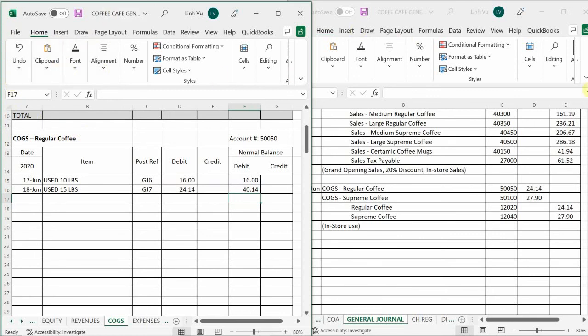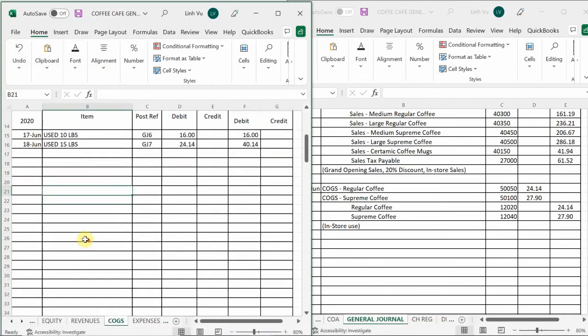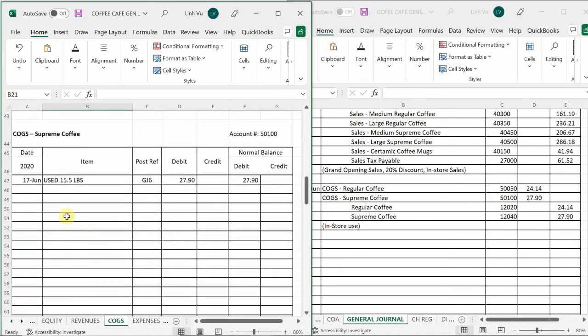Then on the Supreme, you can just copy all of it down except for the post references, page 7, for a grand total of 55.80. Okay. And then we go back to assets.